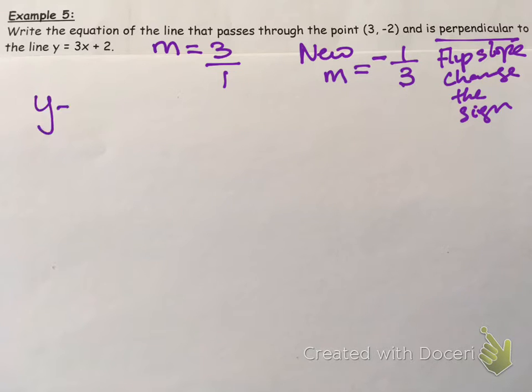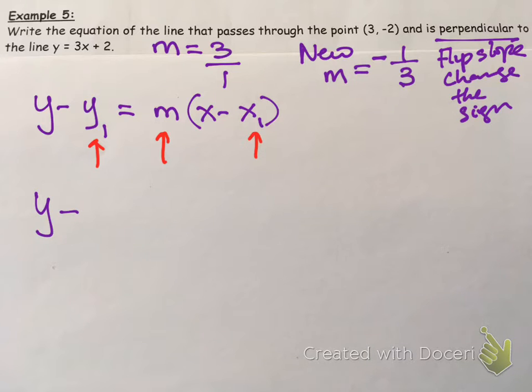So now all I have to do is plug that information into my point slope formula. I'm plugging in my point, x1, y1, and my slope, which is m. So this becomes y minus y1. My y1 is the y value of the point that it passes through.